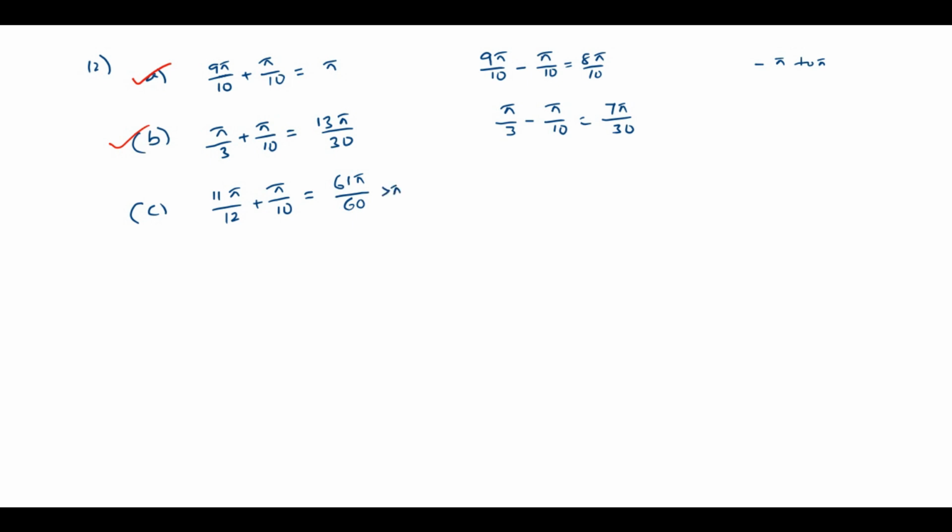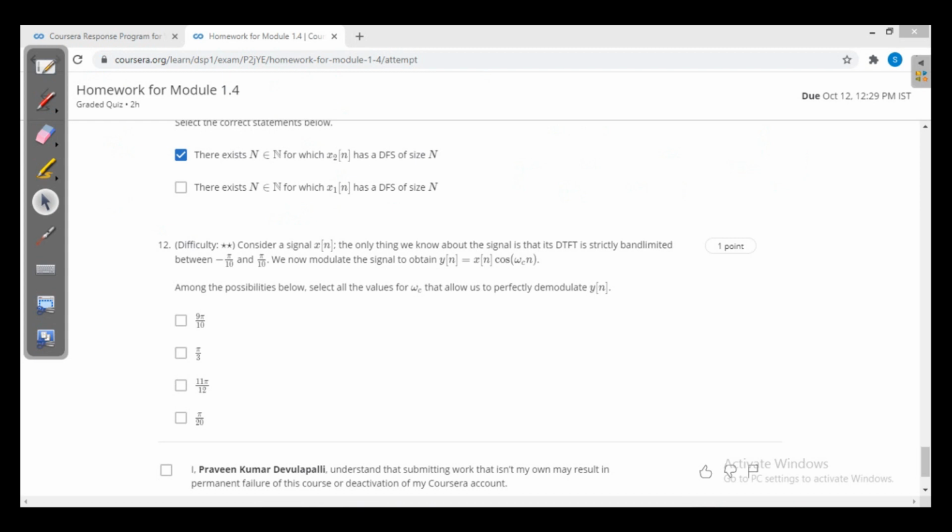And next 11 pi by 12 minus pi by 10 is 41 pi by 60. So here the spectrum exceeds the limit pi, so we can't demodulate with this omega c value. So the correct options are 9 pi by 10 and pi by 3.